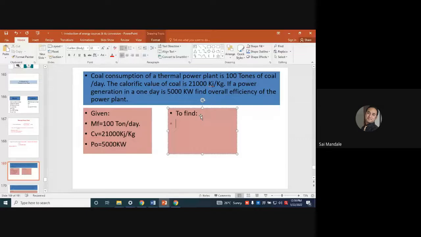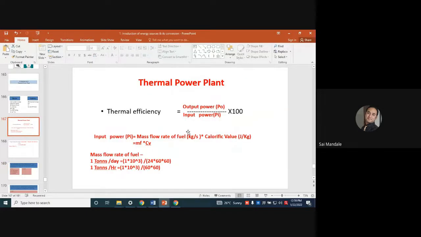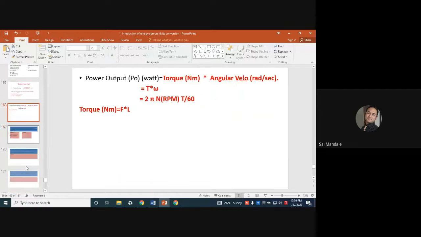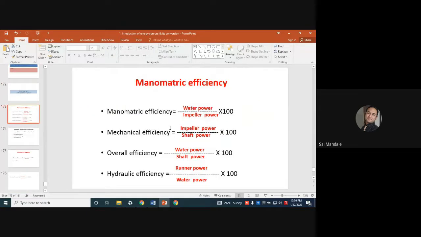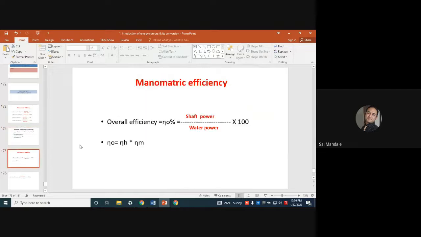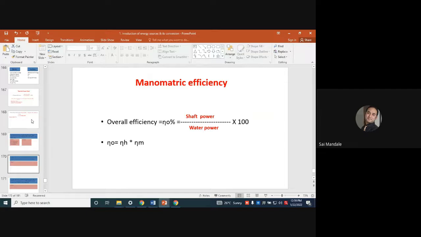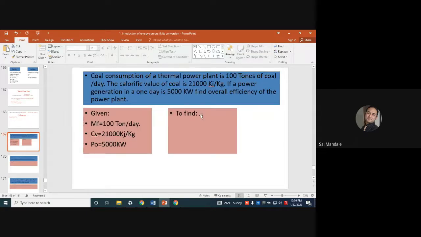They asked me to identify the efficiency. For overall efficiency, you can write eta, or eta O, is equal to.